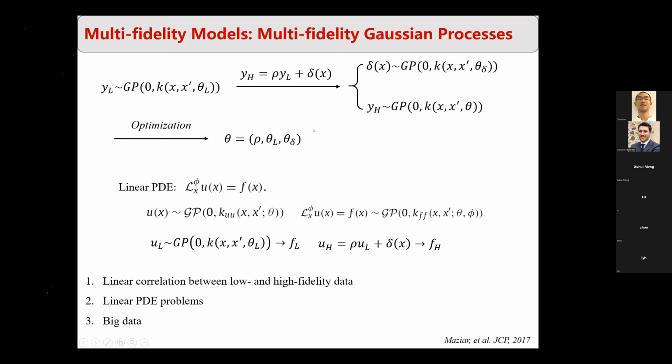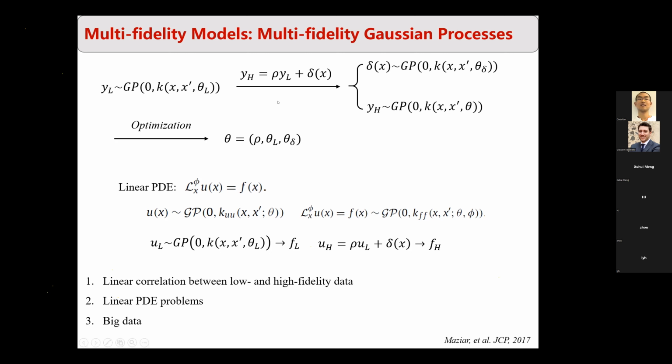And then we can use the optimizer to learn the optimal hyperparameters, such as rho and the hyperparameters in these GPs, to get the optimal parameters in these models.